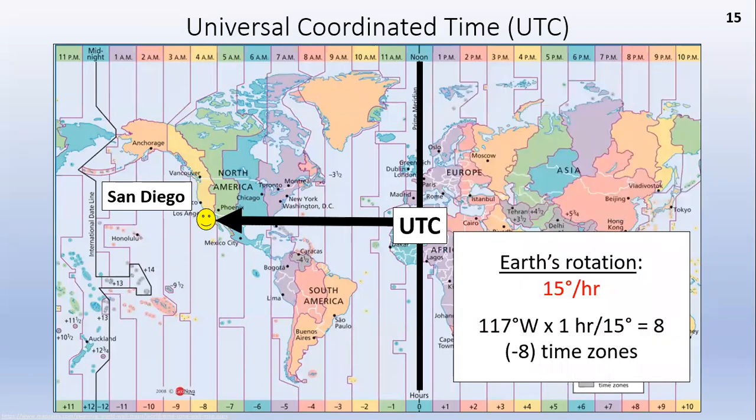A second method is to use the known rate of rotation of the Earth at 15 degrees per hour. Given the longitude of San Diego at 117 degrees west, divide to determine the time zones. This will equal approximately 8 time zones. Thus, 8 hours must be removed from UTC time.